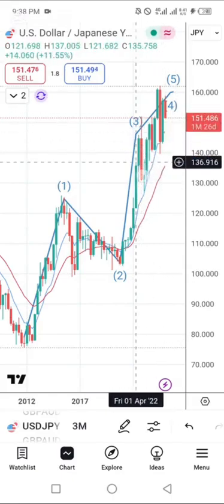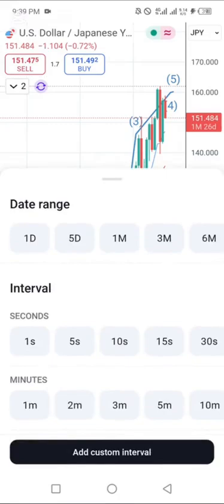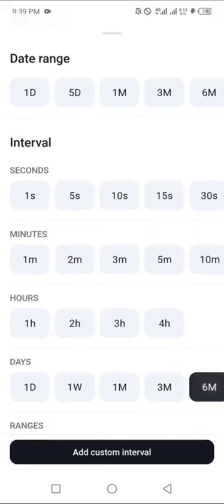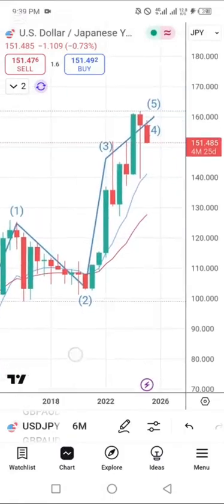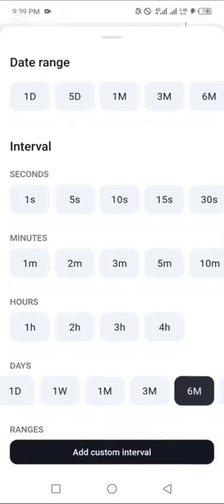The 4 is choppy, and that means if you are caught up in wave 4 and on a higher time frame such as the 3 months, I told you this choppiness is evident even if you change the time frame to 6 months, for example. Look at that, the choppiness is still there, and what we marked is actually the main structure. It's still obvious here. Look at it. Let's try this 12-month chart and see.